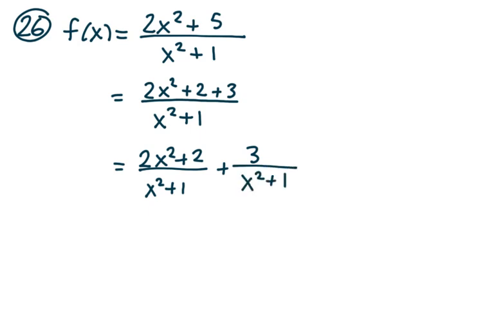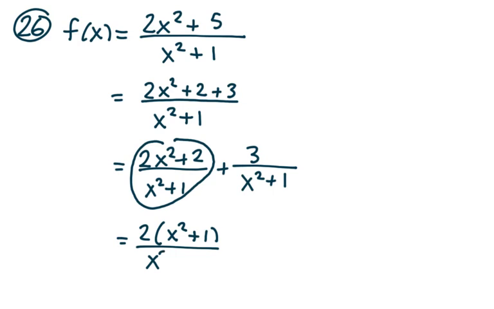Now, we still got a little work to do on this first term, but it's a really nice approach because I'm going to factor out the 2 and get x squared plus 1 on top, and I'm going to divide by x squared plus 1, and then I'm going to add 3 over x squared plus 1. Cancel. And we end up with the following.